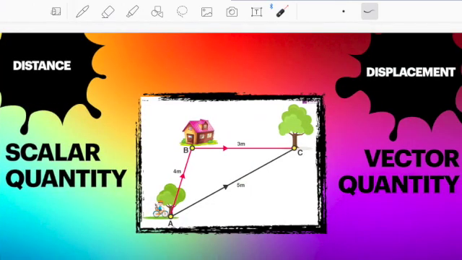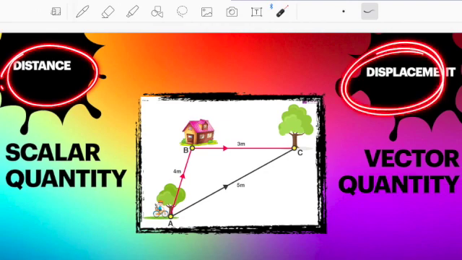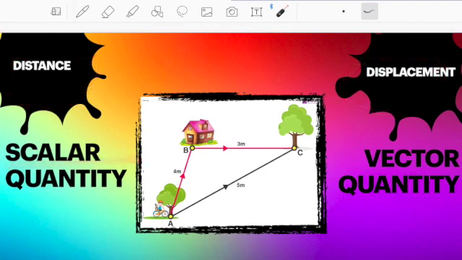Now we need to understand the difference between distance and displacement. One is a scalar quantity and the other one is a vector quantity. Now what is a scalar and what is a vector quantity? A scalar quantity is a quantity or a measurement that only has measurement.